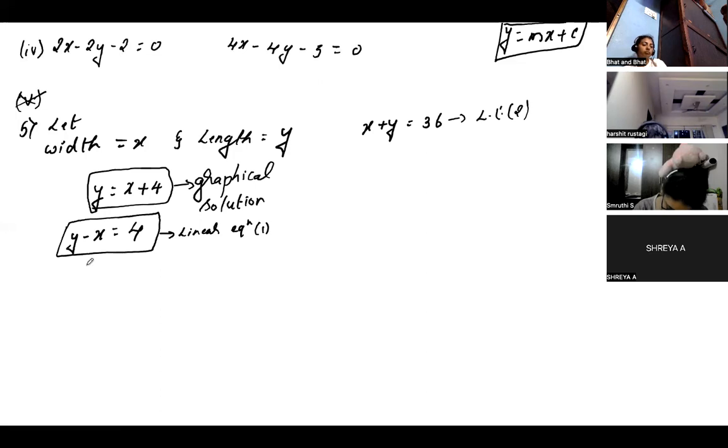Ma'am, we have to put values and find it out first. First, what is asked? You have to find the dimensions. So to find the dimensions, you have to find the solution graphically. That means you have to find the coordinate points. Okay, I'm doing it.